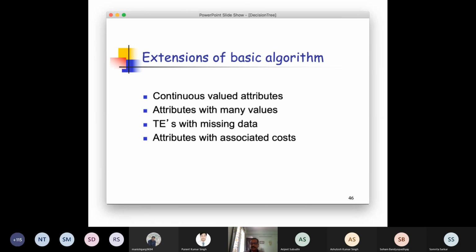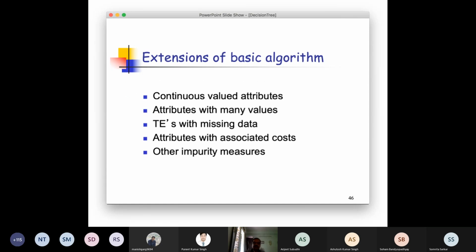And there could be certain attributes which are very costly with respect to measurements, for example. If you use those attributes, it would be expensive, so those attributes may not be preferred. If you get another model which avoids the use of that attribute but gets relatively similar results, even though its performance may be poorer, we may prefer that model because the cost of using it would be less.